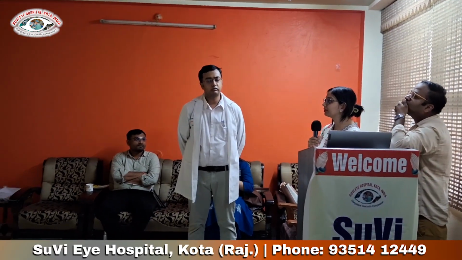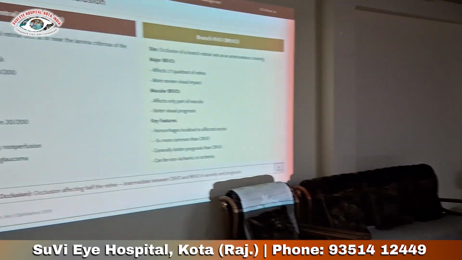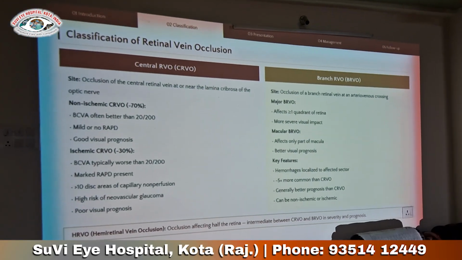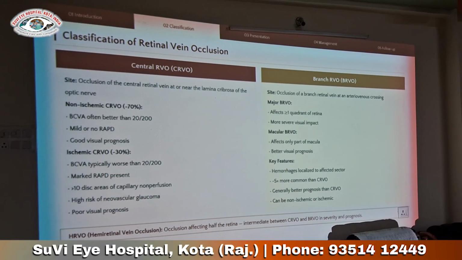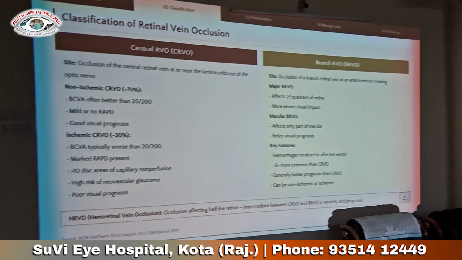These are the inherited ones. Then acquired can be other causes like sarcoidosis, Behçet syndrome, Waldenstrom's macroglobulinemia, then multiple myeloma is also one of the causes. Then also, sir, in hot countries, severe dehydration can also be a cause in young patients.